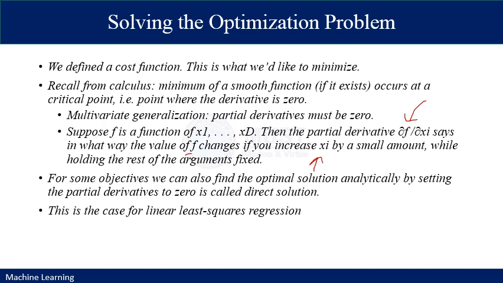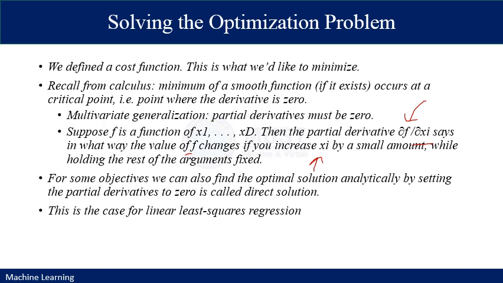So a partial derivative depends on the particular variable. If you have multiple variables, the partial derivative with respect to one variable will assume all the rest of the variables as constants, and you will only measure the change with respect to that variable of interest.